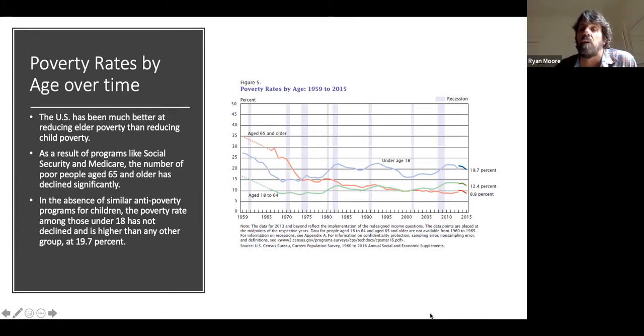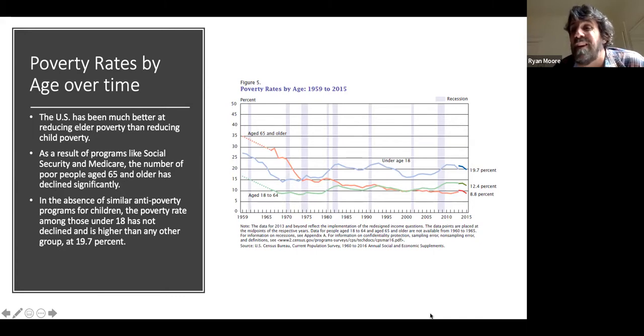Conversely, if you look at the rate of child poverty, again, we did make some progress on this during the 1960s with the war on poverty. But ever since then, there's been basically no progress, because there isn't an equivalent to Social Security for children.